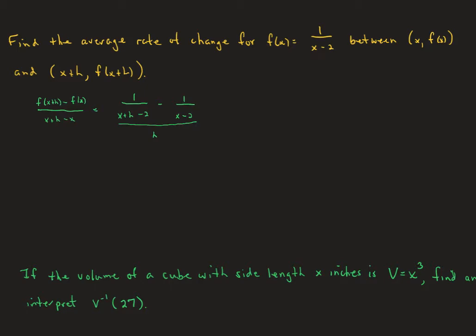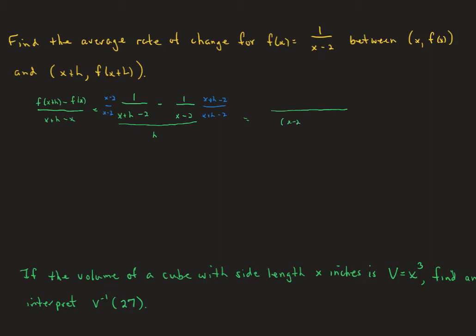Now, in order to subtract fractions, we need a common denominator. So we're going to multiply top and bottom by x minus 2 on the first fraction, and top and bottom by x plus h minus 2 on the second fraction. So that's going to give us two fractions with that same denominator.